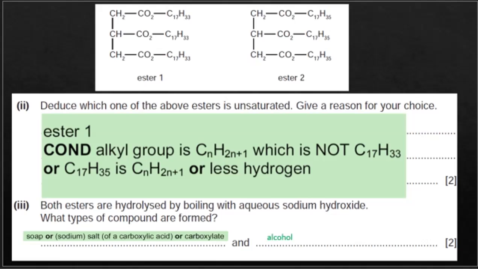The salt of the acid, the sodium carboxylate, is formed, but the alcohol is also formed with it. So there are 2 products that we get from it, the salt and the alcohol.